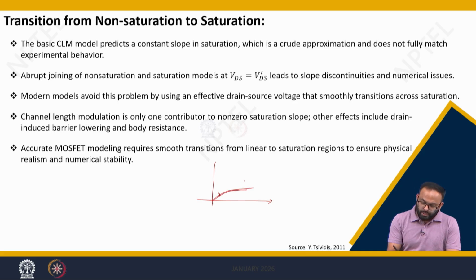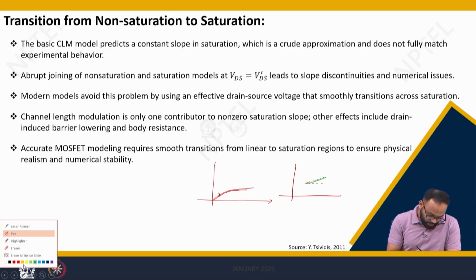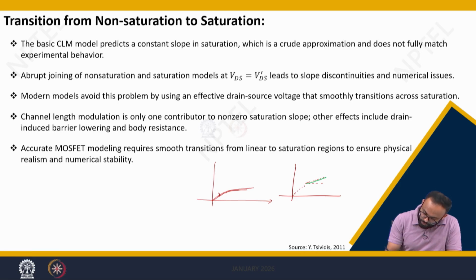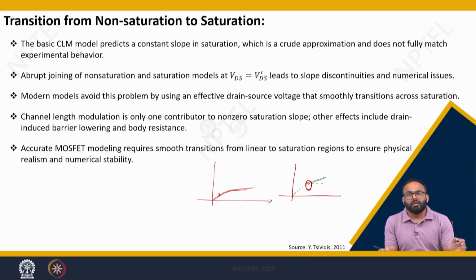If you incorporate the CLM parameter in your model, then CLM gives a non-zero slope, meaning this green line is a CLM line, right, and this red line is the line which you are obtaining from our model. It means at the transition there will be a discontinuity. Thus, proper attention should be given while modeling the CLM and incorporating it in our basic model.